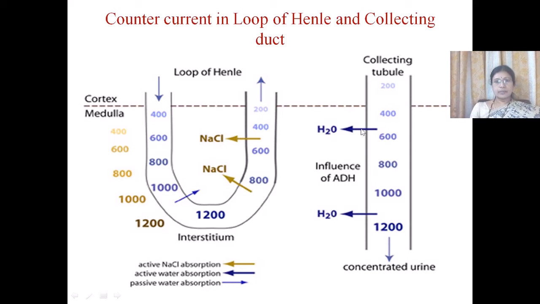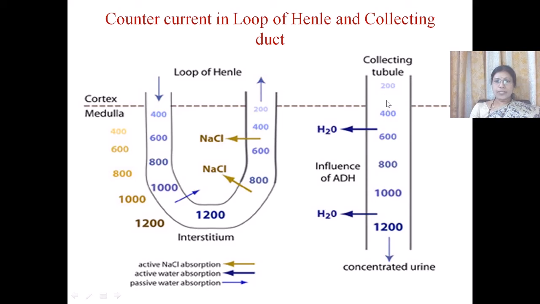Here the water and some amount of salts is reabsorbed in the distal convoluted tubule and collecting tubule, and the filtrate becomes hypotonic, to less than 100 in the cortex region. By the time the filtrate reaches the collecting duct, it is hypotonic.